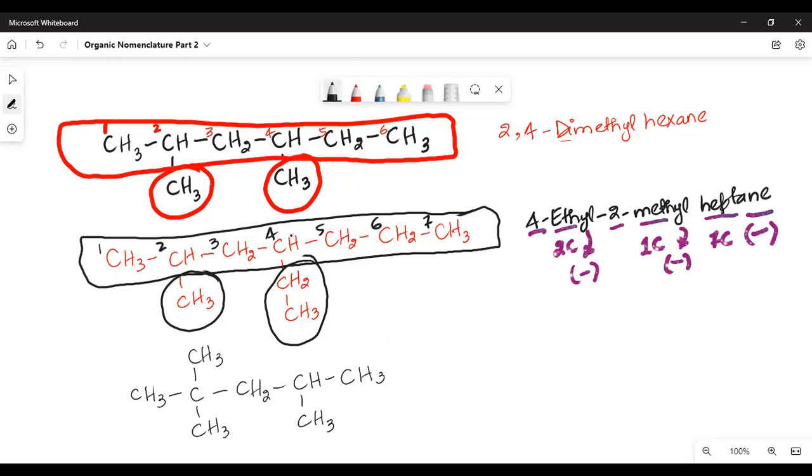Alkyl groups, doesn't matter if they are the same or different, but they lie on the same carbon atom. A couple of rules about this one. Now, whichever way you draw the parent chain, it doesn't really matter.